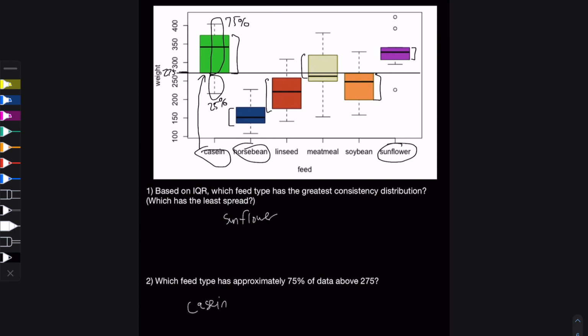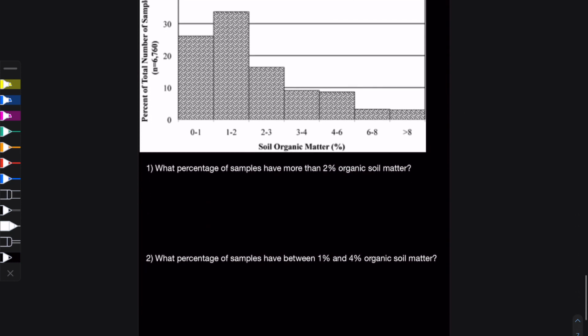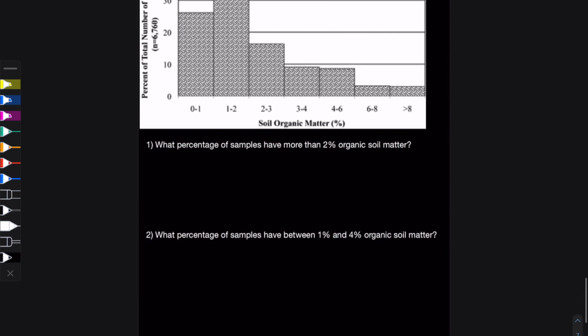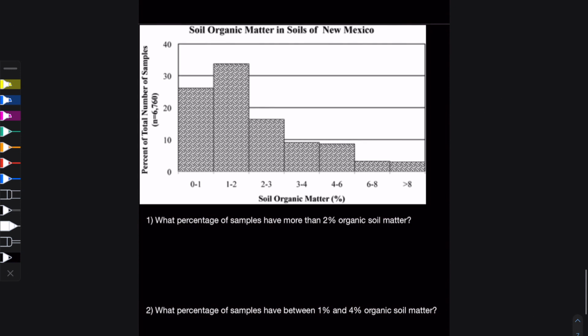All right, next question. So this is giving us a frequency table. Not a frequency table, I'm sorry. This is just another distribution graph. So this is just another bar graph, and it's basically telling us how much between these two observations here is the percent of the number of samples.